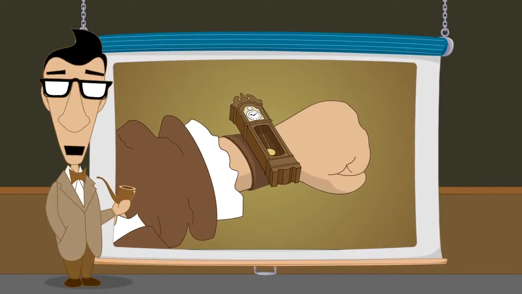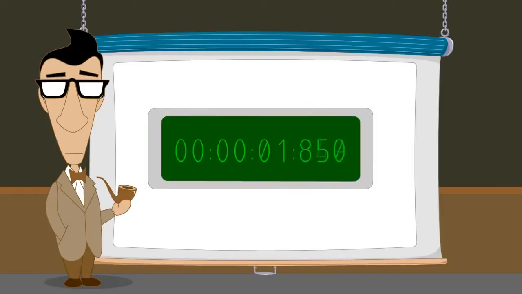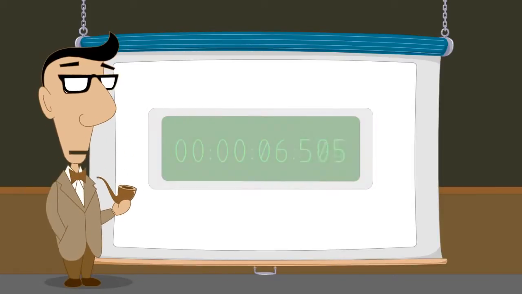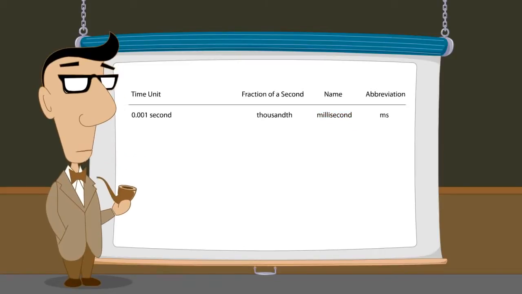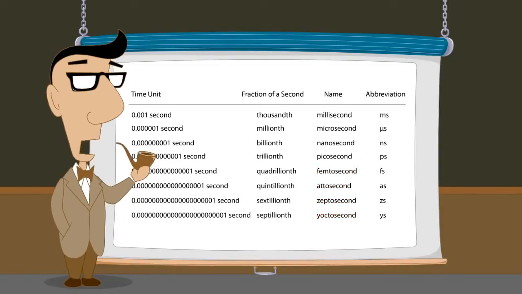Today, engineers and physicists routinely work with measurements of tiny fractions of a second. In fact, we now have names for these units like millisecond, microsecond, nanosecond, picosecond, femtosecond, attosecond, zeptosecond, and yoctosecond.